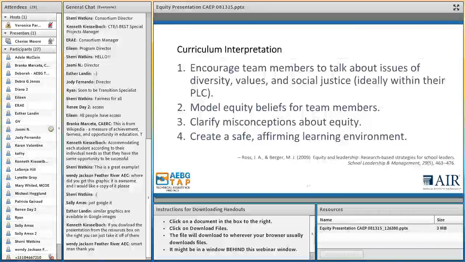So, curriculum interpretation. It's defined by having opportunities for team members to really think about and talk about issues of diversity, to think about their values and have engagement and dialogue around social justice. And the administrator's role as the leader for equity in doing this is to provide an environment which is safe for those conversations to happen.